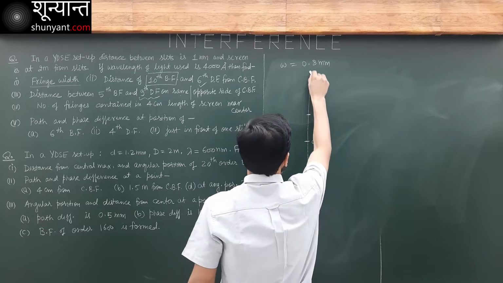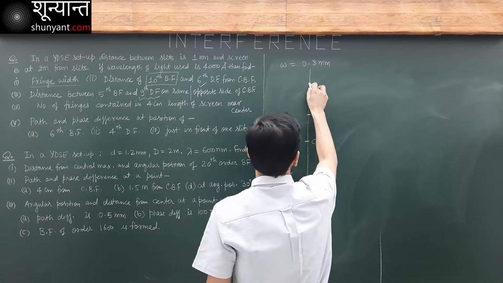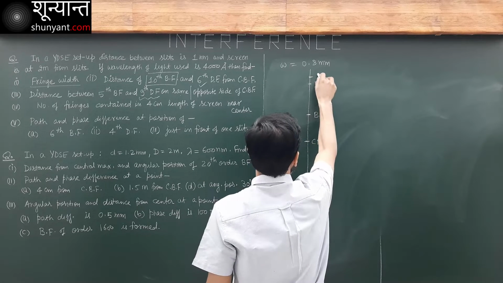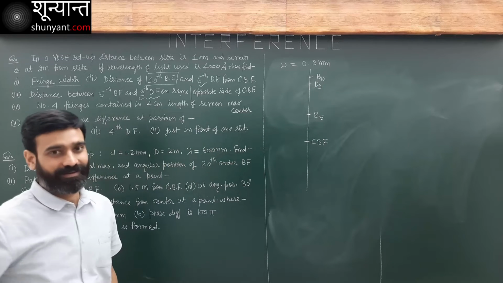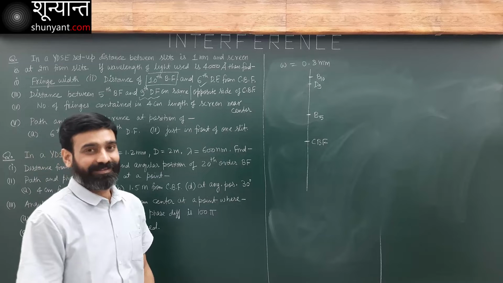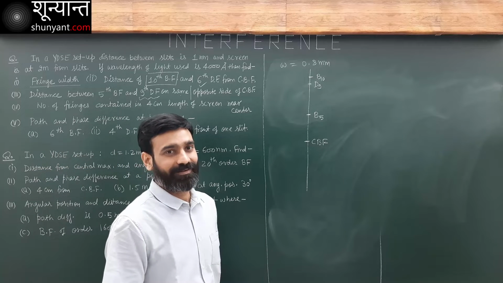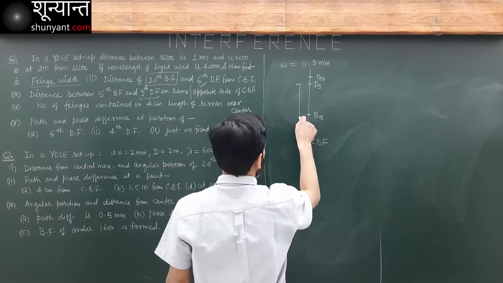Now, where will the ninth dark fringe be? D9 will be just before the 10th bright fringe. Think about it. I have to find the distance between this and this.